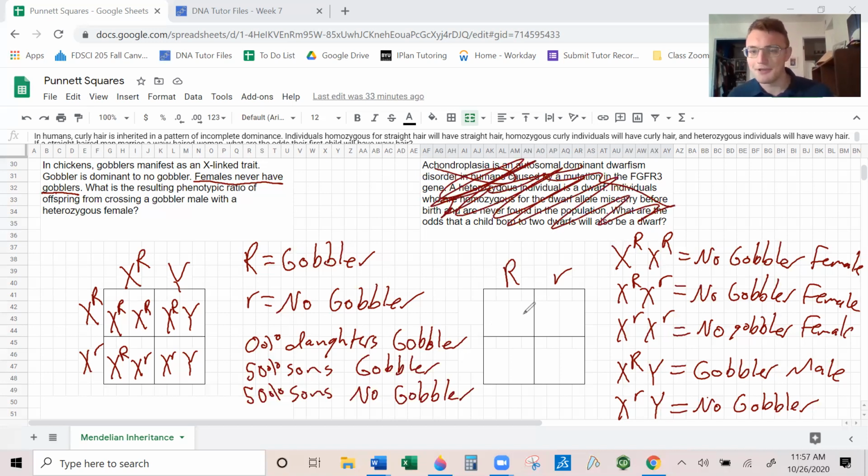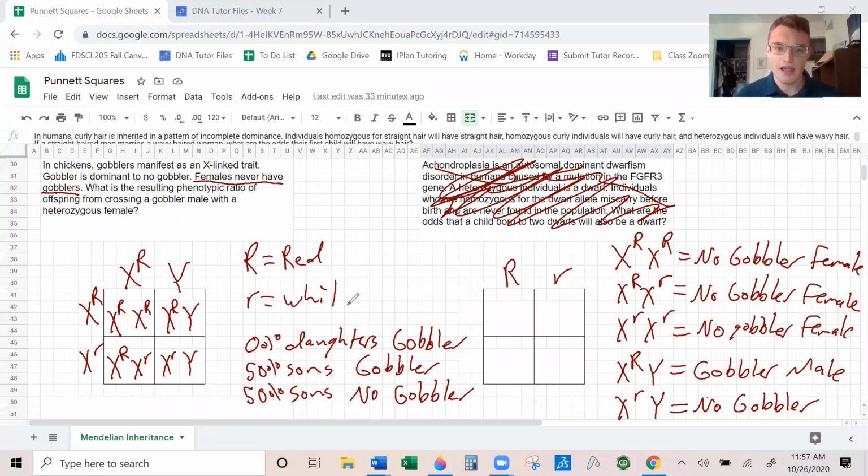Okay. If we were to do a flower color one where big R meant red and little r meant white, and I told you in the question that males, I mean, flowers don't have a gender, but bear with me, that males are always white.